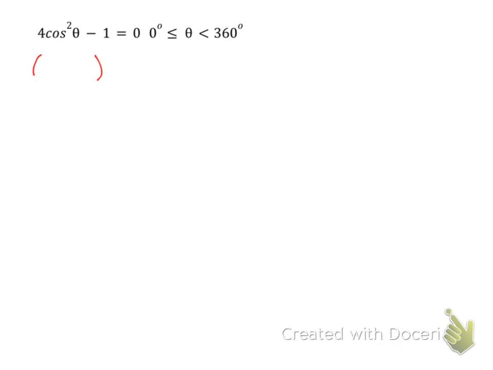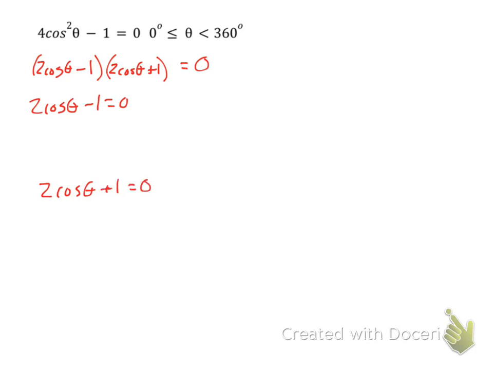Do you guys recognize that this can be factored to 2 cosine theta minus 1 and 2 cosine theta plus 1? And remember, when you have two factors multiplied that equal 0, they both get set equal to 0. So therefore, it becomes not just one problem, it becomes two problems.